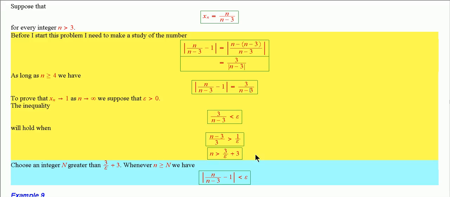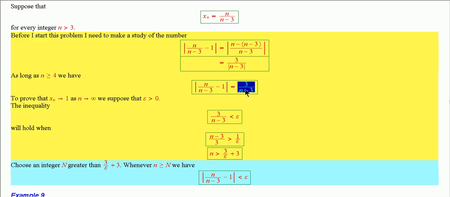Do you understand? That's what it is. I ask myself, what makes n over n minus 3 come close to 1? I looked at the distance from n over n minus 3 to 1, the absolute value of the difference. And I found that I'm looking at this as long as n is at least 4. Do you understand?